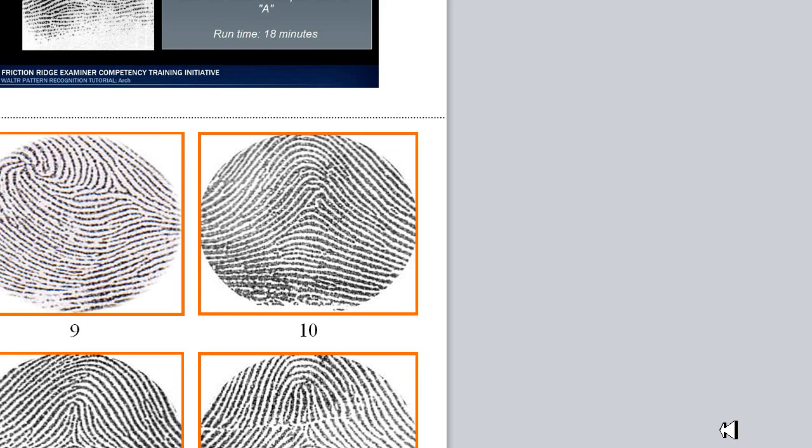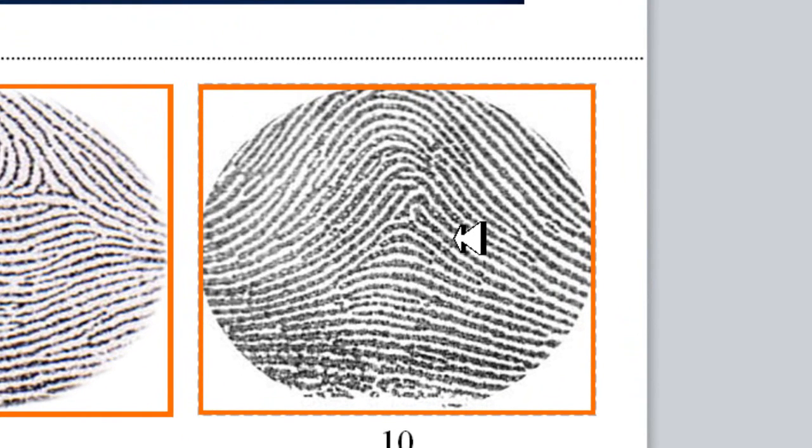Now I'm paying careful attention to number 10, and there are many ridges that appear to rise and recurve and return to the other side, completely consistent with a plain arch pattern. However, the important ridge right here is not making the smooth movement from left to right, and this ridge appears to be pointing upward.